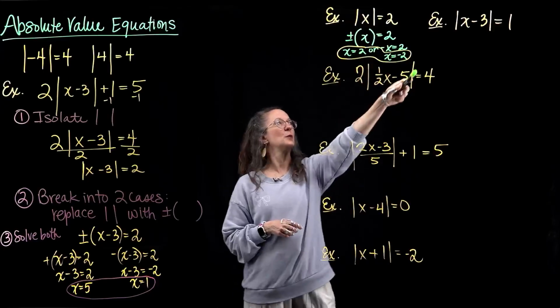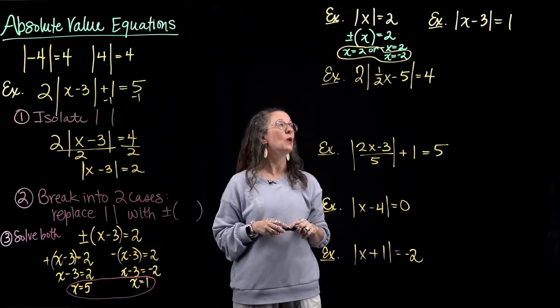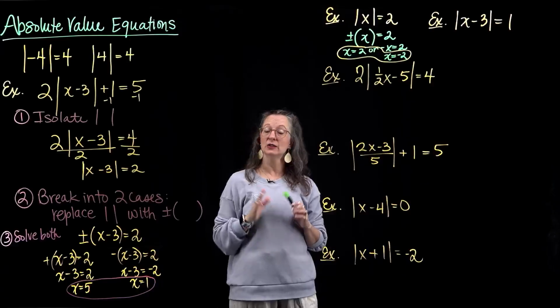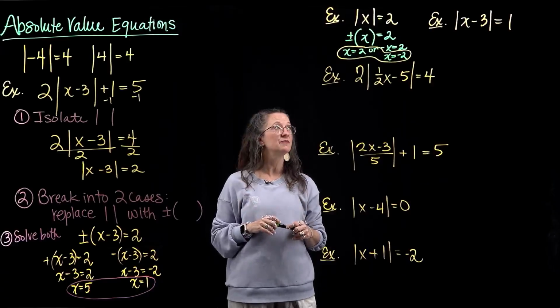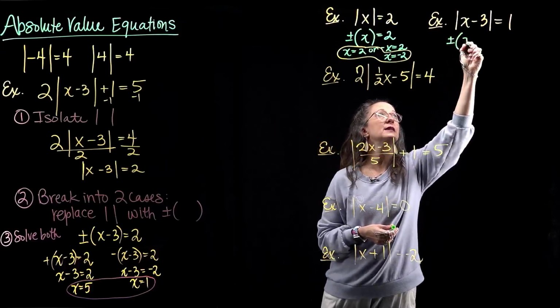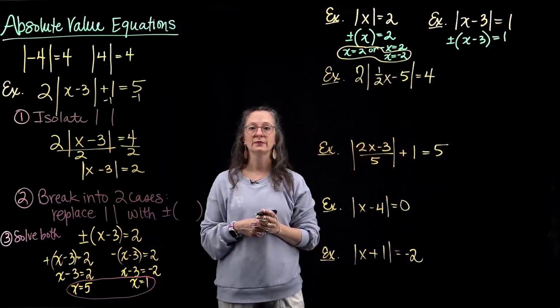Next example: x minus 3 in absolute value is equal to 1. The absolute value is isolated. It's all by itself on one side. We're going to rewrite this as positive and negative parentheses x minus 3 is equal to 1.